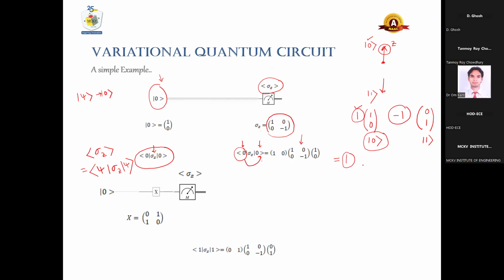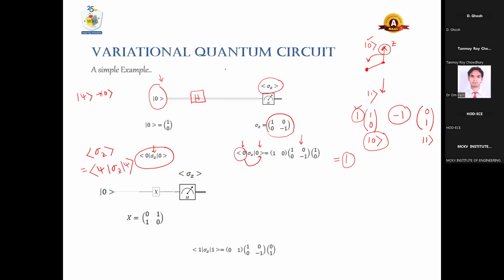Now, if I ask you a very simple question, if I did a Hadamard gate, and then I measured sigma z, what do you think should be the expectation value of sigma z? Remember, what the Hadamard gate does is it rotates this vector and points it to the positive x-axis. So now this is a 90-degree rotation. This is what a Hadamard gate does.